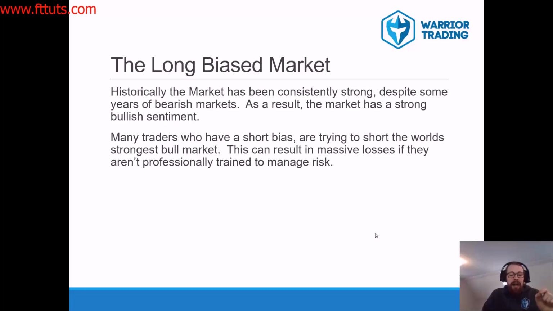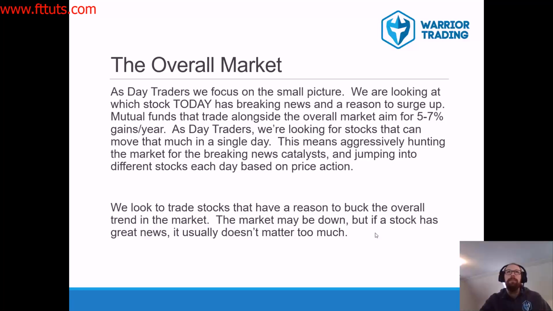I'm not going to try to fight a bull market. Being a short bias trader and trying to short the world's strongest bull market can result in massive, massive losses. I would prefer to trade with the trend, to trade with the direction that seems to be institutionalized even through regulations like the short sale restriction rule. So I trade to the long bias.